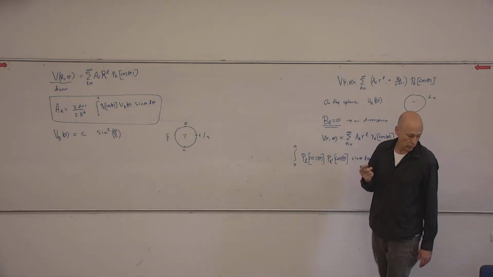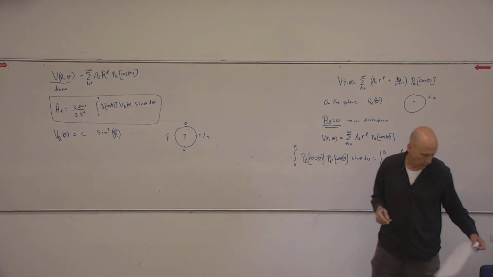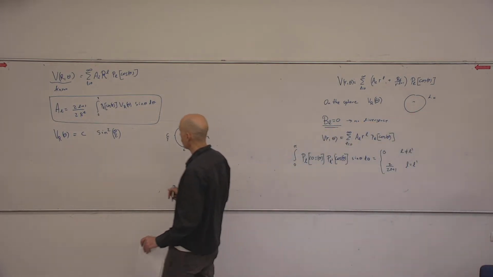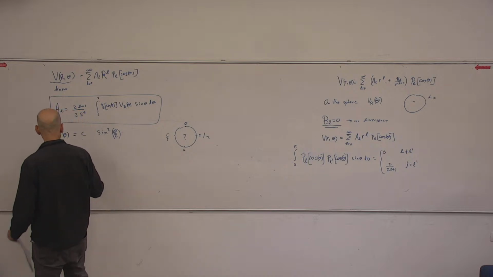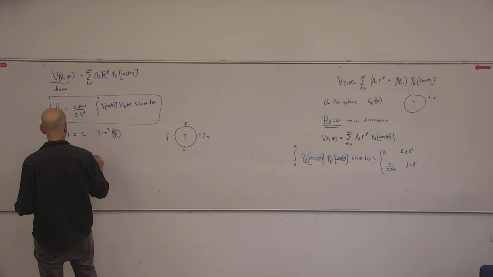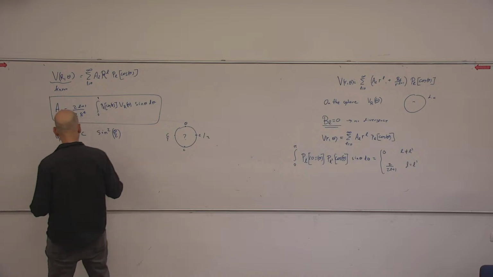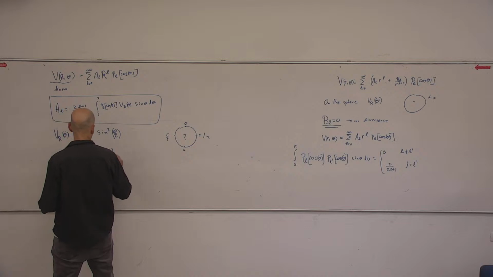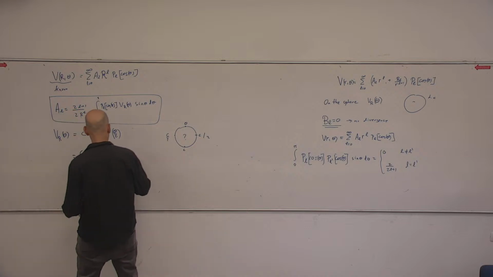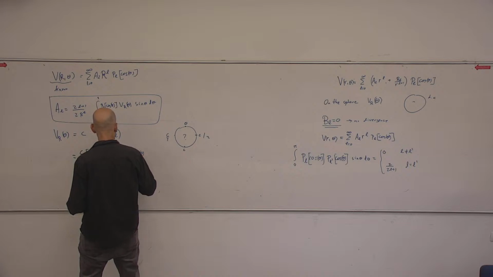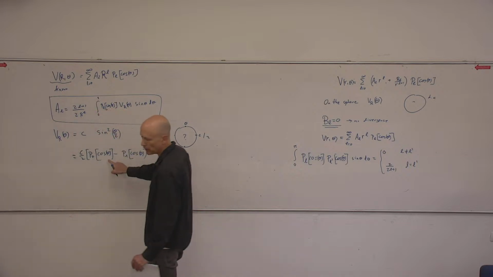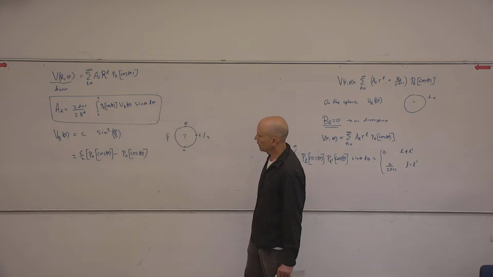Yeah, so we need to write it in the following way. I'll assume you'll all see why. This is P_0 cosine theta minus P_1 cosine theta. And while here I had theta over 2, here I have theta.